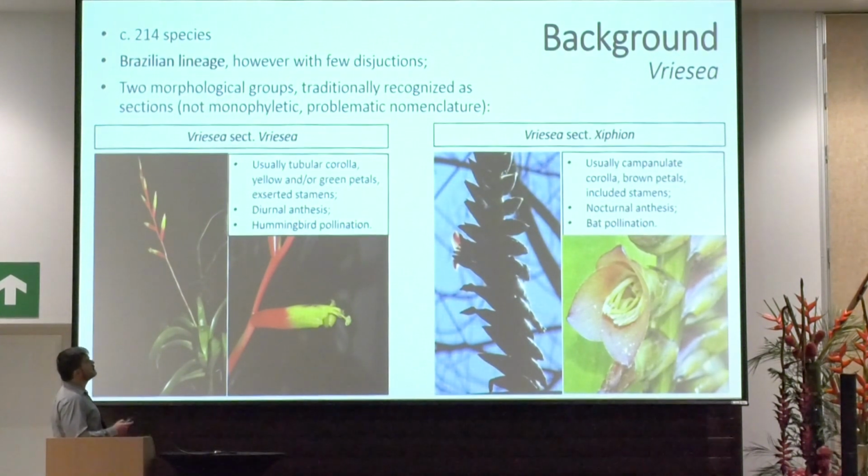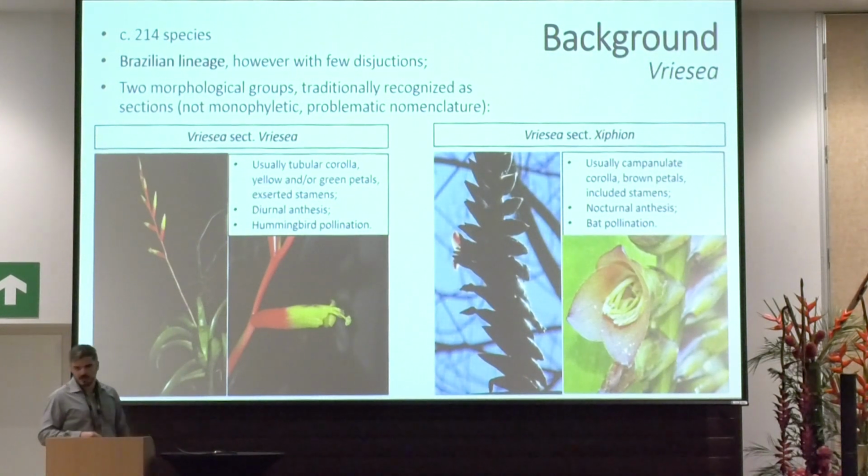They were traditionally recognized as sections. Vriesea section Vriesea, this is the typical Vriesea, actually the type species of Vriesea, Vriesea pistacina. And section Xiphion. We would say Xiphion in Portuguese, but Xiphion, okay? And we have different types of morphological features. For example, in the section Vriesea, we can observe tubular corollas and yellow or green petals.